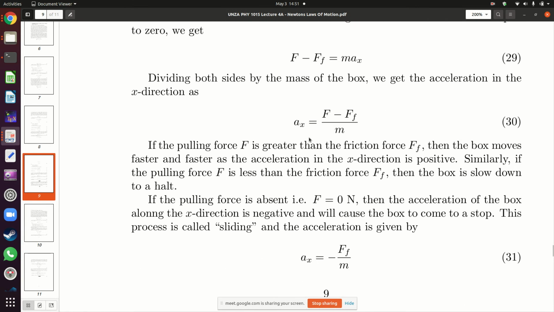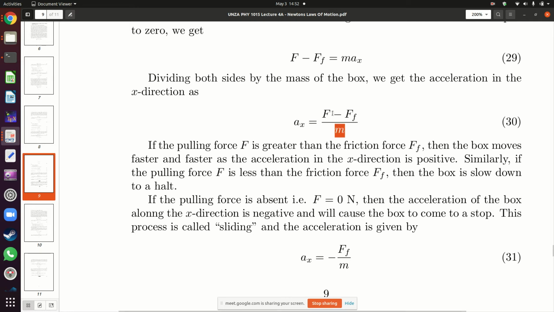So when an object is sliding, there is no pulling force. The acceleration along the x direction in our case was this one: Ax is equal to the pulling force minus the friction force divided by the mass.